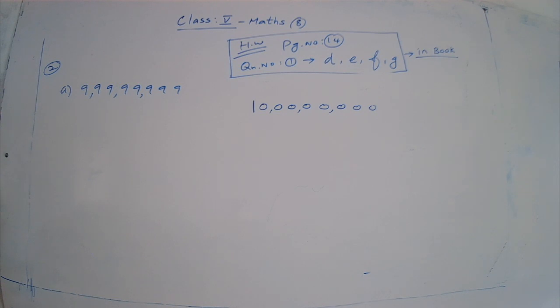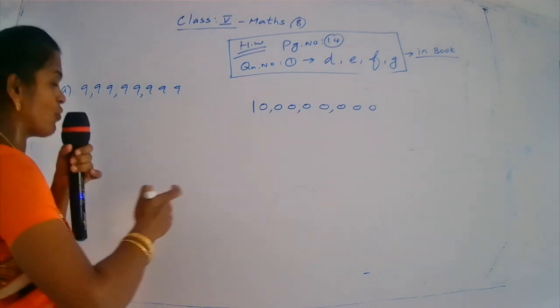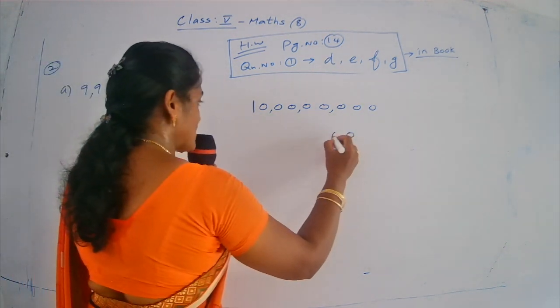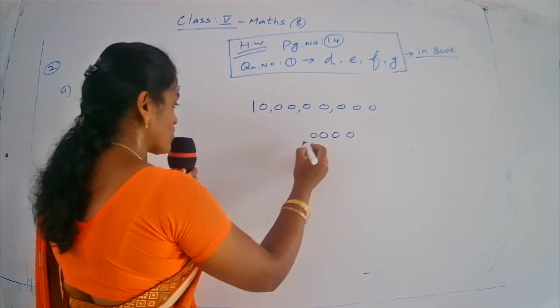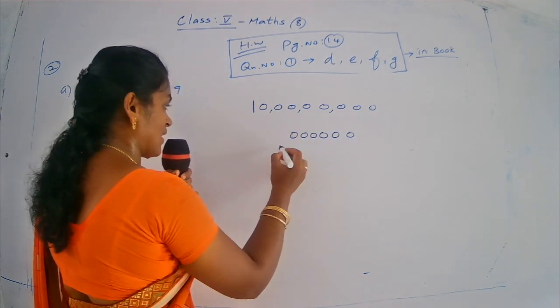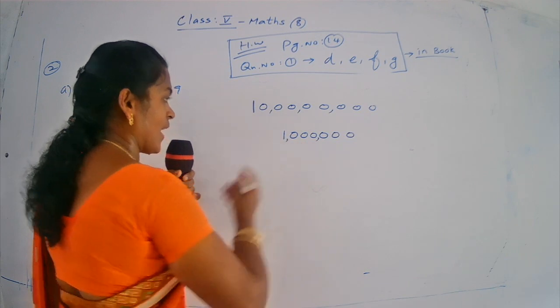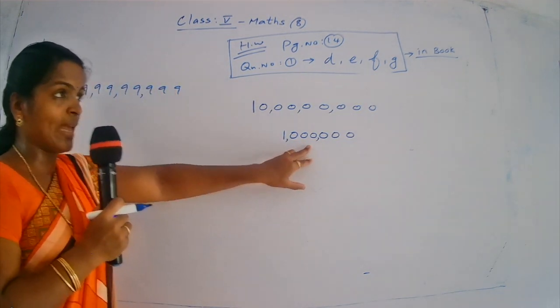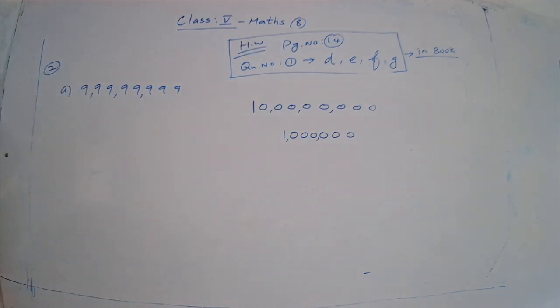Now you come to the second one. The successor of 1 million. 1 million, how will you write it in numerals? Ones, tens, 100, 1000, 10,000, 100,000, 1 million. Okay? Now here, what is asked? The successor of 1 million.